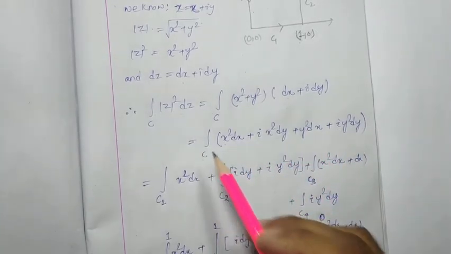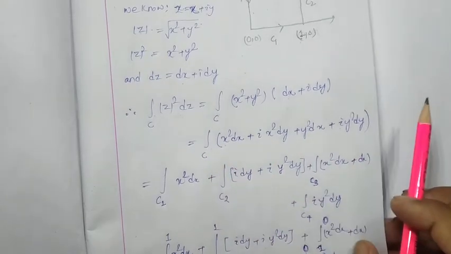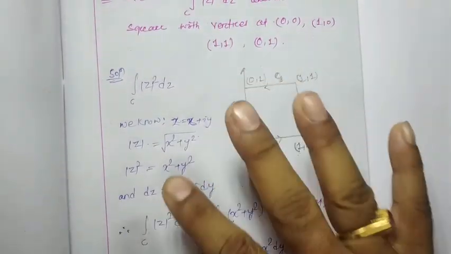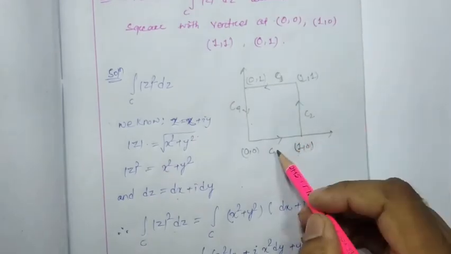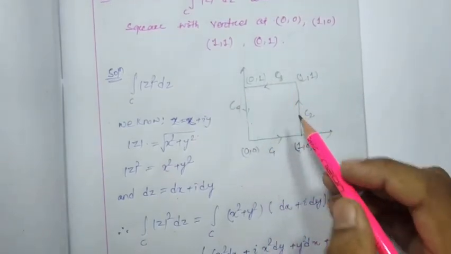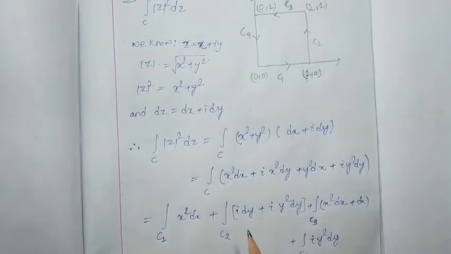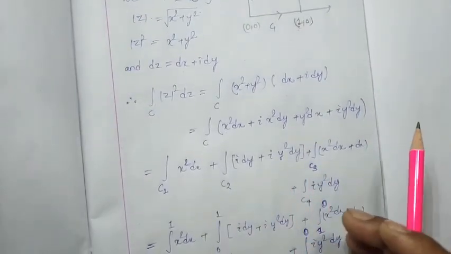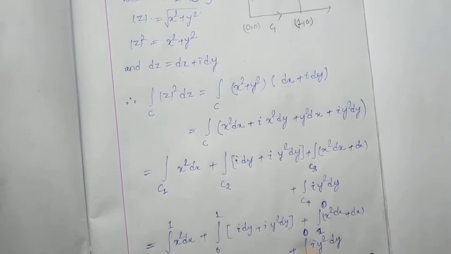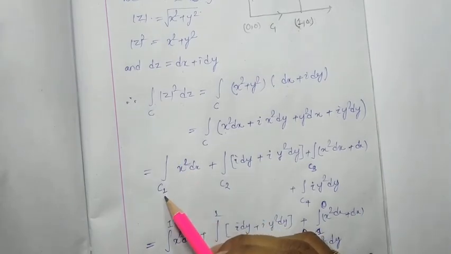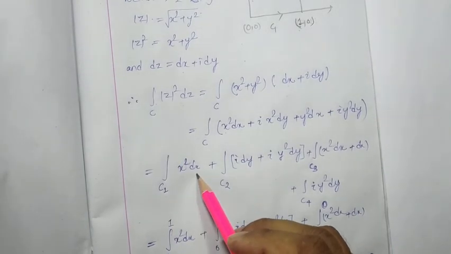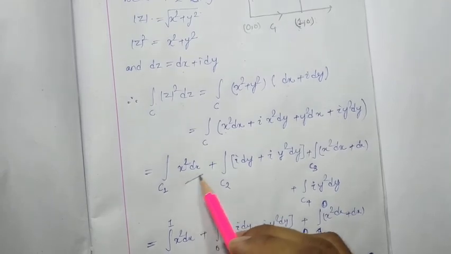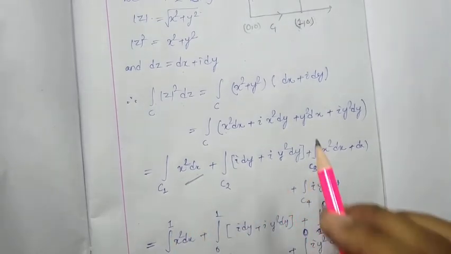So we just segregate this whole curve. This whole curve is the addition of four curves. What are the four curves? C1, C2, C3, C4. So this C is the addition of these four contours, or four lines you can say, no problem. So it will be C1 x square dx. Why have I written it directly? You just watch.